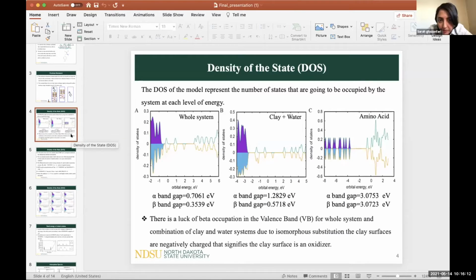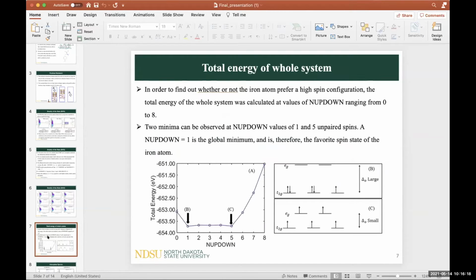Go to slide number 7. So your A panel, what do you show in the x-axis?